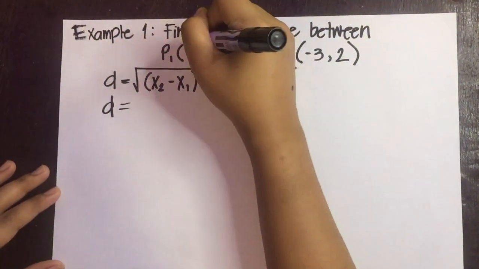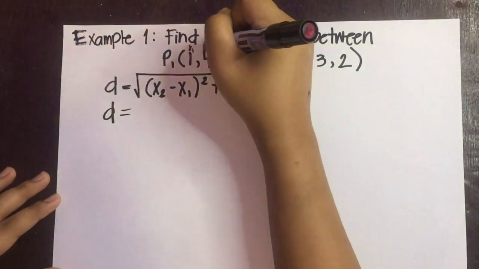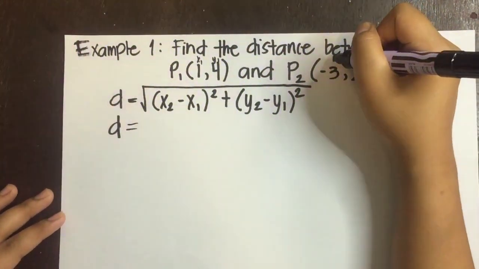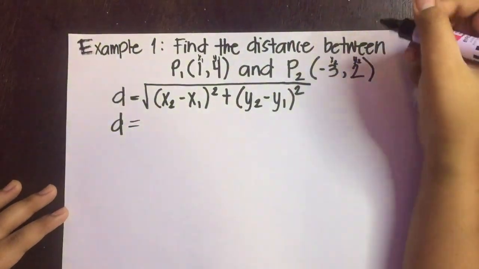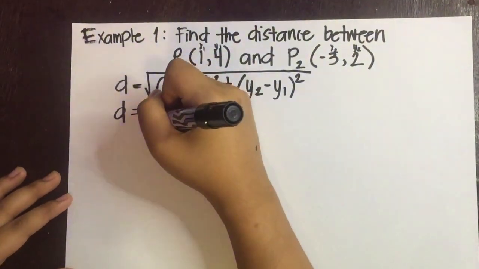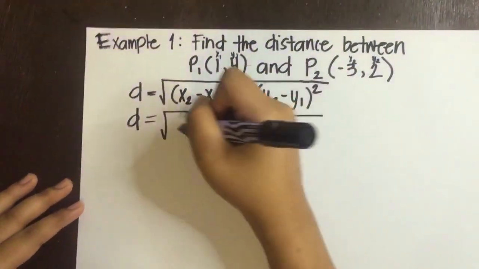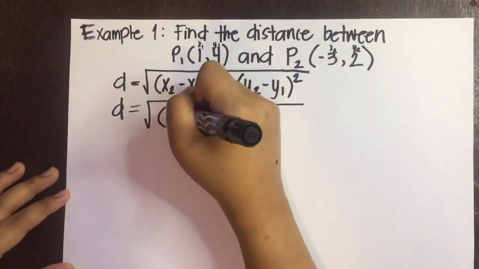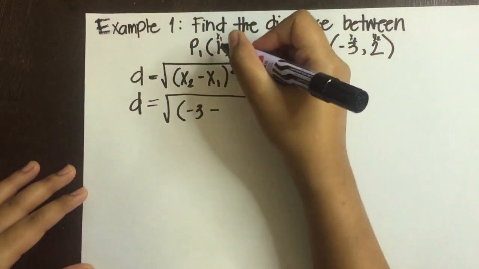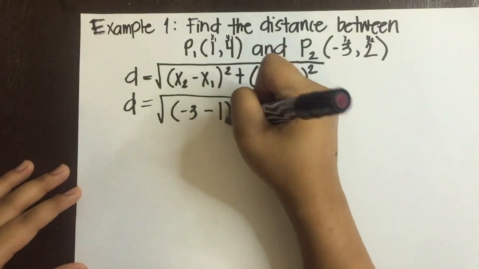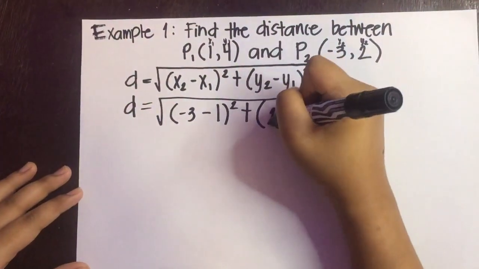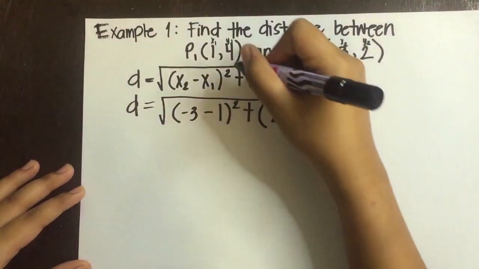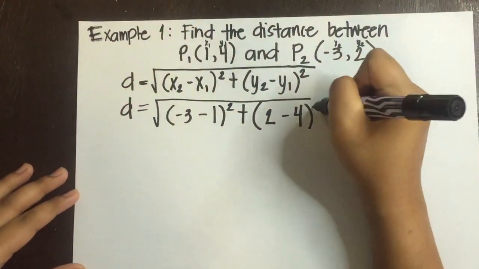So our x sub 1 is 1, and our y sub 1 is 4. Our x sub 2 is negative 3, and our y sub 2 is 2. So negative 3 minus 1 squared plus 2 minus 4 squared.